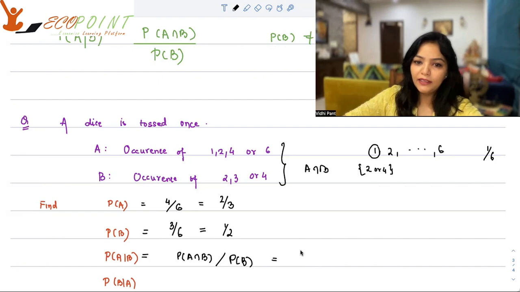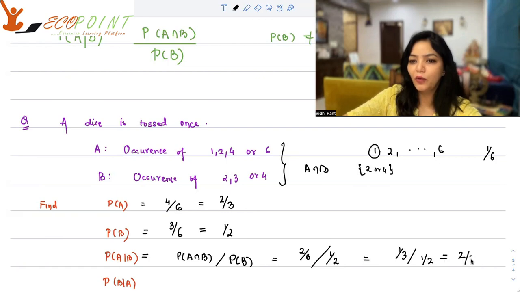So which means that 2 outcomes out of 6 outcomes is the probability of this intersection upon, already you know what is the probability of B, it is 1 upon 2. So that means you have 1 upon 3 upon 1 upon 2, that is 2 upon 3. So probability A is 2 by 3, and in fact probability A condition to B is also 2 by 3.